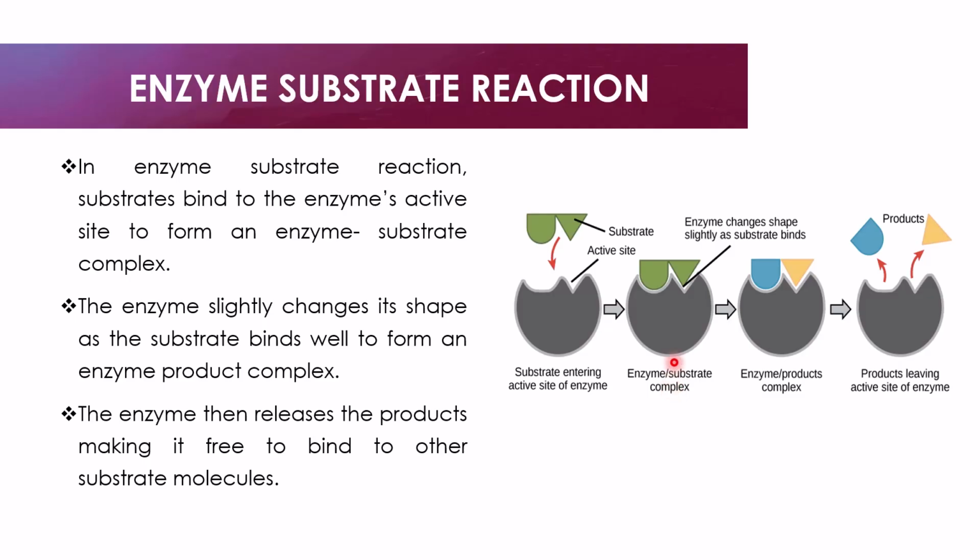As this happens, the enzyme changes shape slightly to produce an enzyme product complex. The enzyme is then able to release the products, leaving itself free to allow other substrate molecules to bind to it.